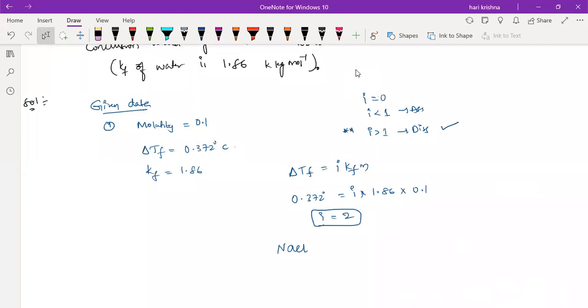So we got i value 2, which is i greater than 1. That means NaCl is dissociating into Na plus and Cl minus. Understand now? Yes, sir.